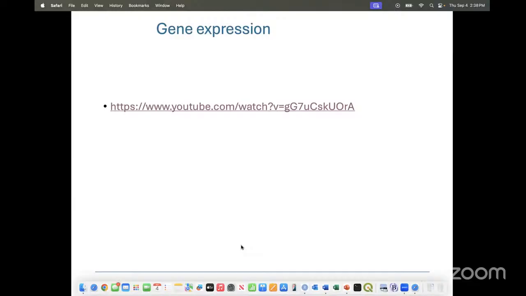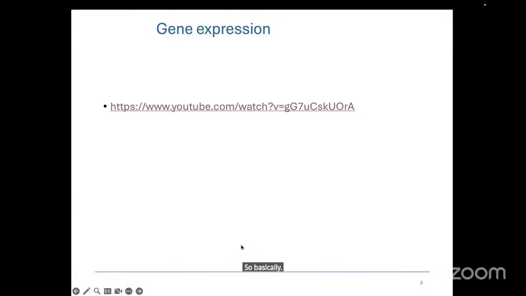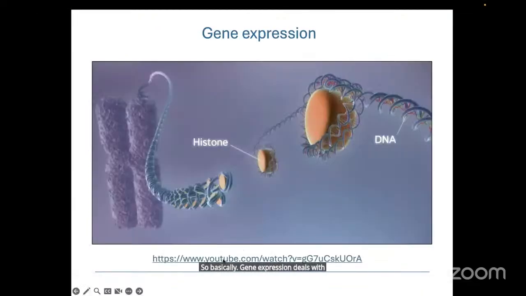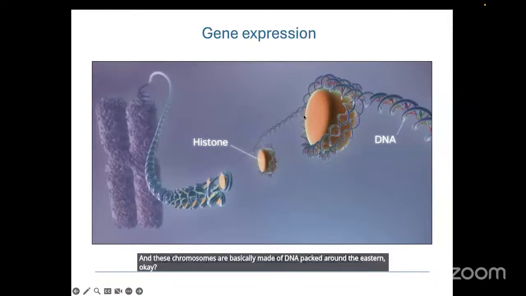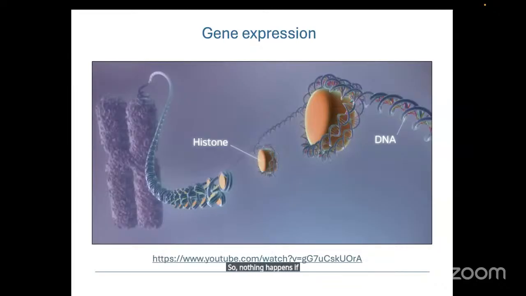Okay. So basically, gene expression deals with the messenger RNA. I'm just repeating this. Either plant or animal, you have these chromosomes, and these chromosomes are basically made of DNA packed around the histone. Nothing happens if a gene is not switched on.